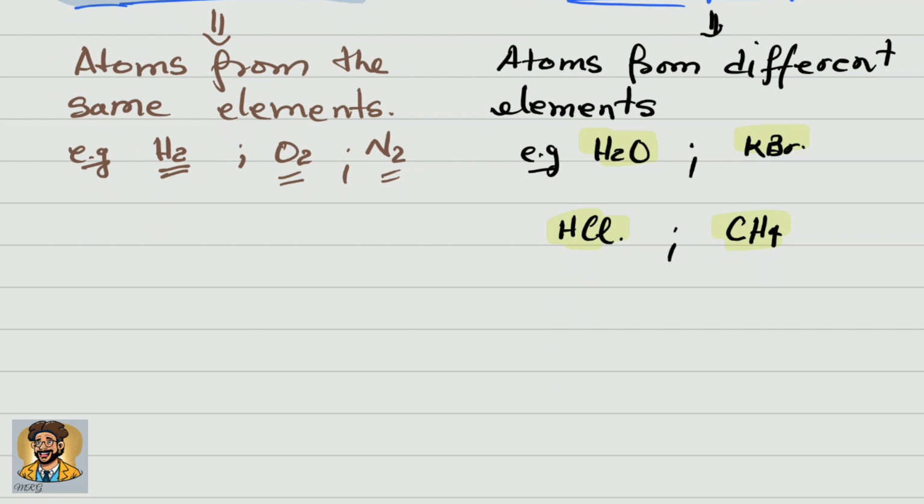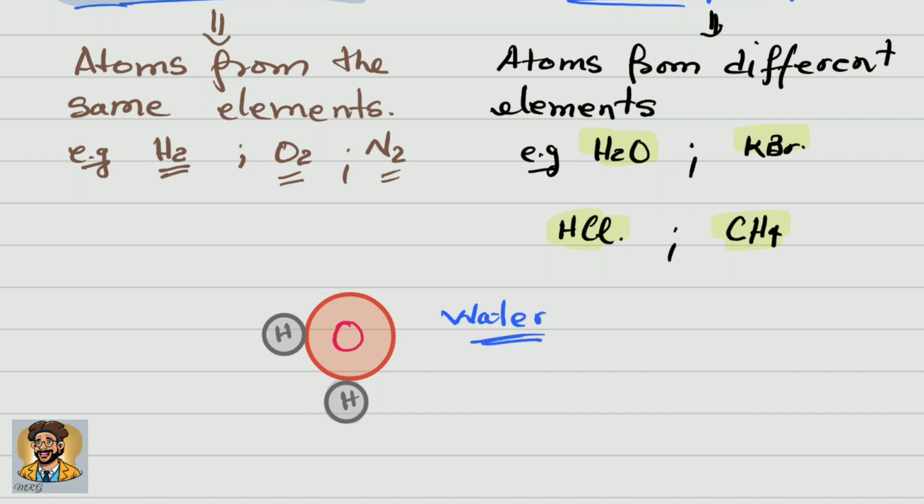We also learn how to draw those molecules. Just one example could be water. This is how we draw water. We have H2O. It means two atoms of hydrogen and one atom of oxygen.